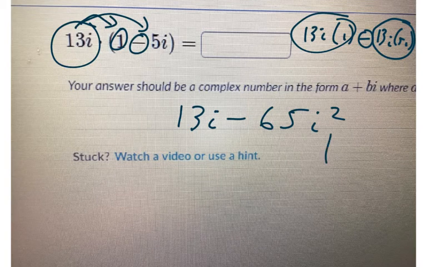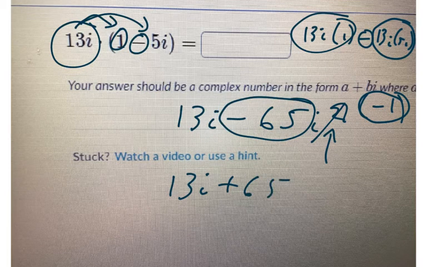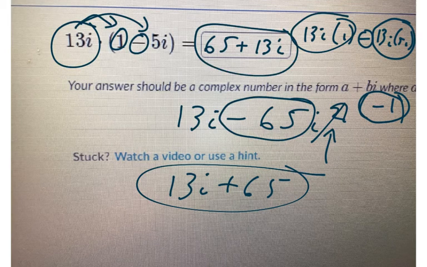Do you guys remember what i squared means? i squared is really a -1. So -1 times a -65 means +65. Now, should I type in my answer like that? No. I want to put the 65 first and the 13i second. That's standard form for complex numbers. Okay, pause the video if you need to.